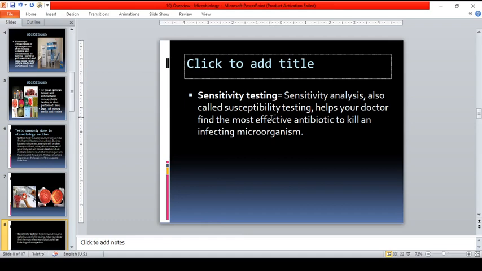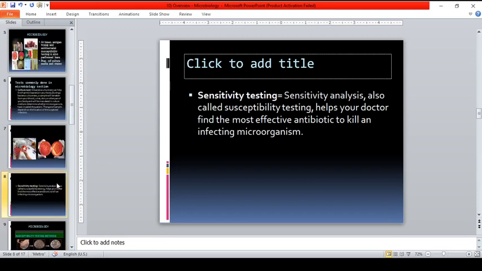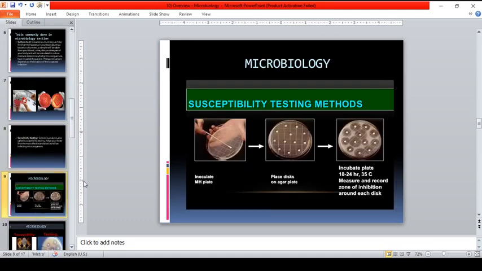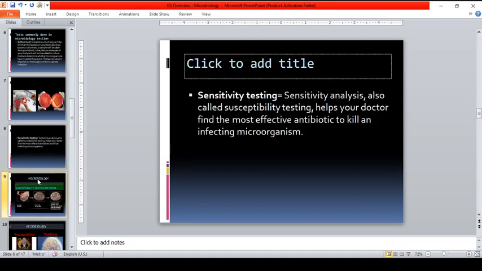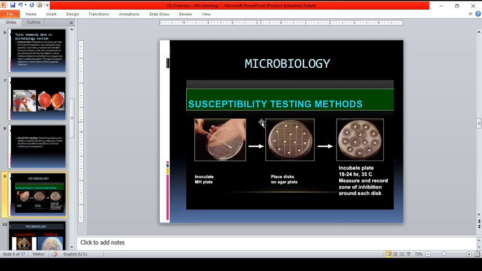Okay, guys, sensitivity testing is also called sensitivity analysis. It helps your doctor find the most effective antibiotic to kill an infecting microorganism. Actually, this is sensitivity testing or susceptibility testing.